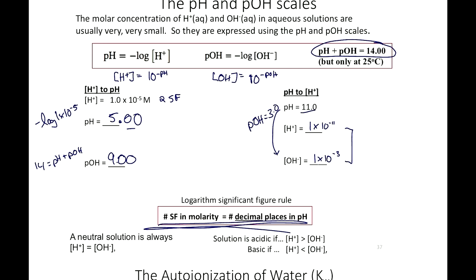If you multiply those two numbers together, the hydroxide and the hydronium ion concentration, you get that these two numbers multiplied together equal 1 times 10 to the negative 14. And that number is significant to us. And we'll talk about that on the next slide. All right? That's important to us. That's the relationship. That is why this 1 times 10 to the negative 14 is why pH plus pOH equals 14. Right? So there's a relationship there.